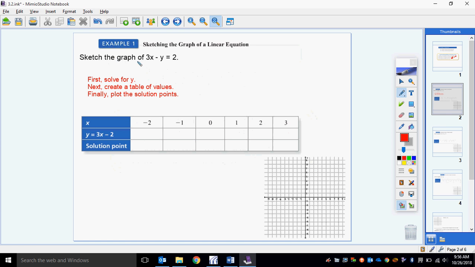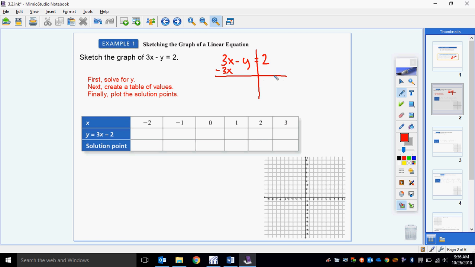So let's start off with the graph of 3x minus y equals 2. If we can, we always first want to solve for y. So if I'm going to solve for y, I need to get y by itself. The thing that's bothering y is this positive 3x, right? And to undo a positive 3x, remember I want to move the whole thing.